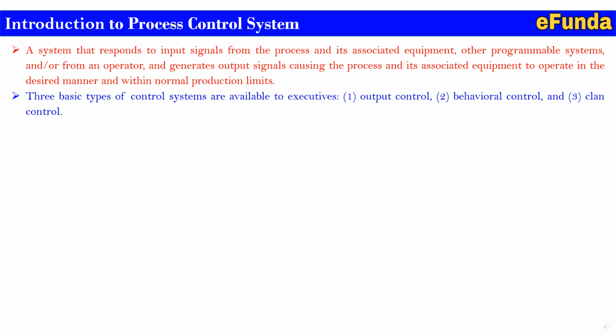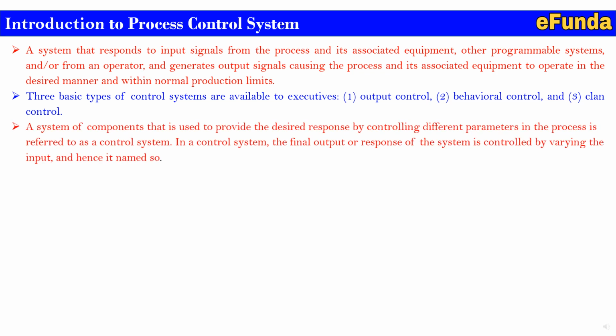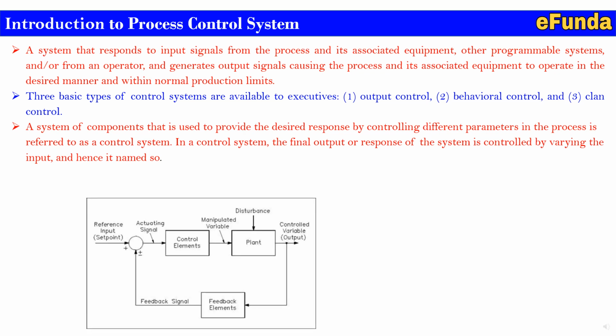A system component that is used to provide desired response by controlling different parameters in the process is referred to as a control system. One can refer to the block diagram below where the various control system components are being shown, mainly the reference input as a set point, then the summation block or the control element, plant, and the feedback element which gives the feedback signal to the comparator block.